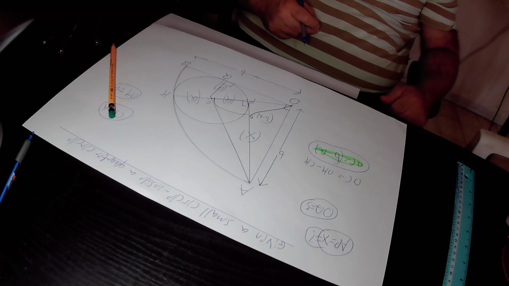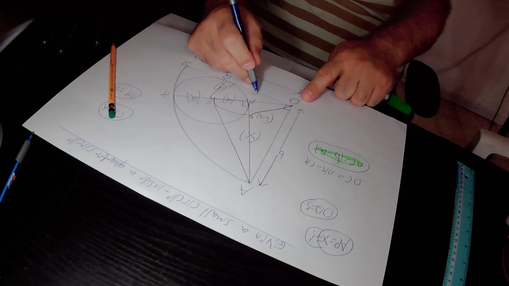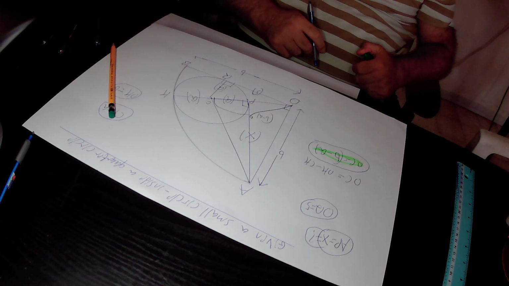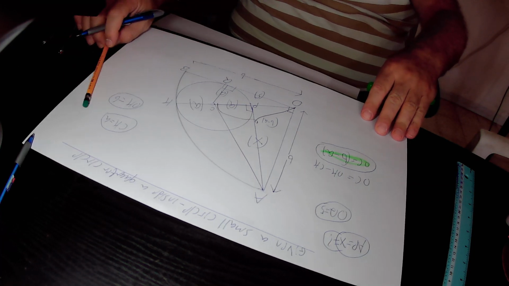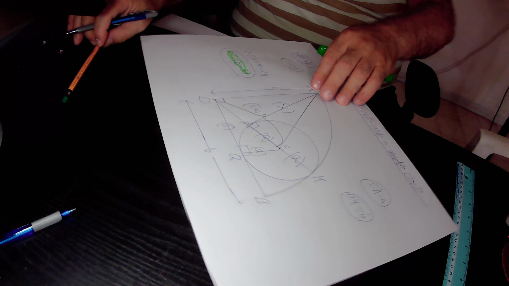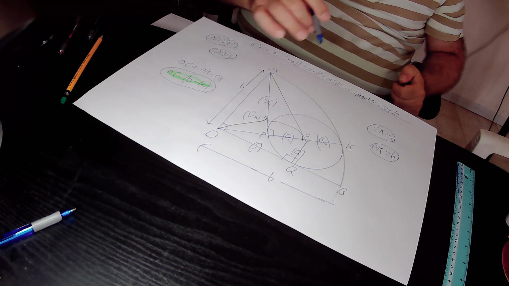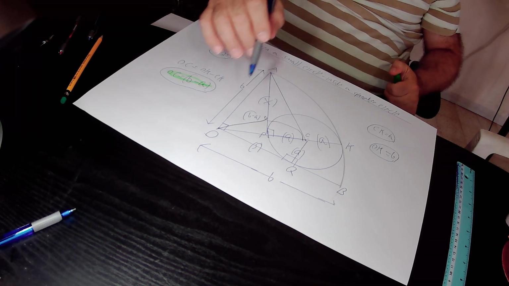Actually, it is given in the question that OQ equals 5 units in its length. Okay. So in the next step, we will copy the right triangle OCQ to a new page, and we will implement the Pythagoras theorem on this right triangle OCQ.